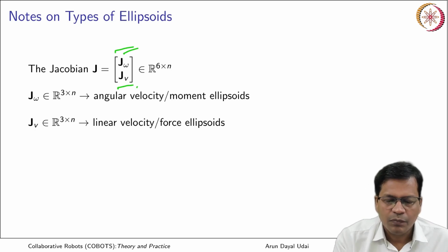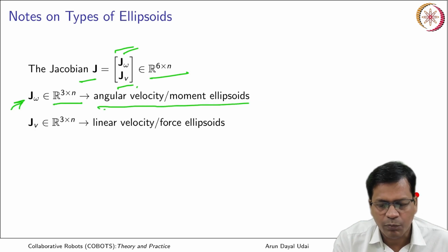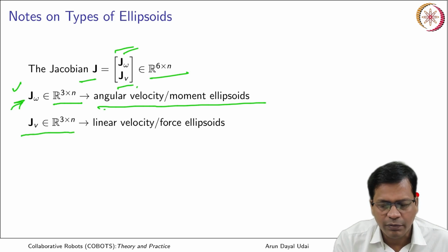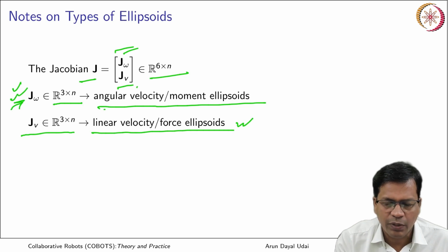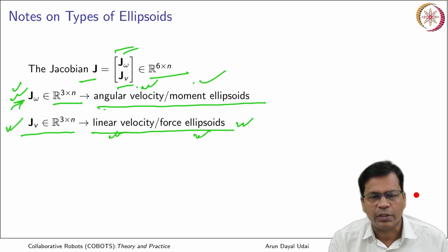So overall the Jacobian is normally 6 cross n, and j omega is 3 cross n, that is angular velocity, and the moment ellipsoid we can find using this, and jv will give linear velocity and force ellipsoids. So using j omega you can get angular velocity and moment ellipsoids. With jv you can get linear velocity and force ellipsoids.